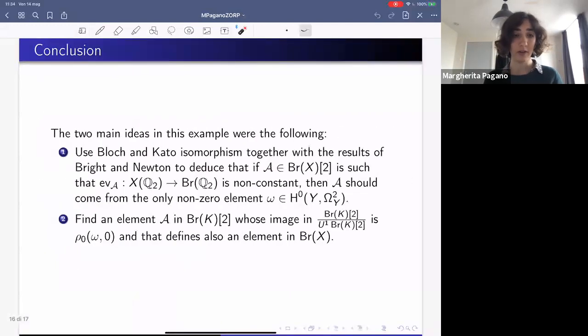Okay, so this is just a conclusion slide, which stresses the two main ideas in the example I talked about.